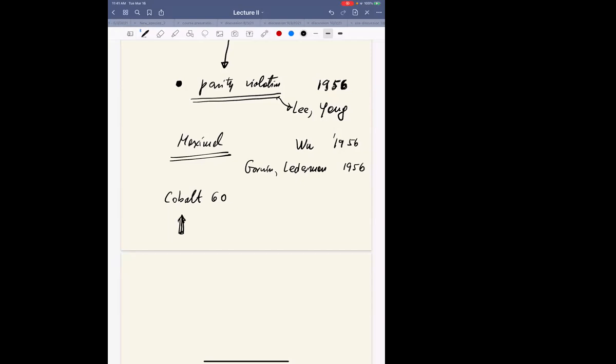In a parity-conserving world, you would expect the electron going up and the antineutrino going down, and half of the time the electron going down and the antineutrino going up. One of the two doesn't happen at all. Parity violation is maximal.